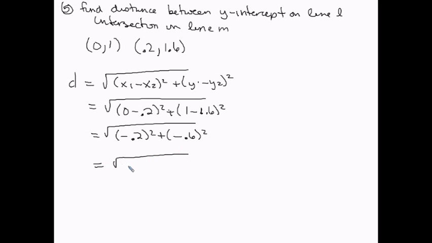So I have 0.04 plus 0.36, which gives me the square root of 0.4, which is about 0.63. And so that's how we find the distance.